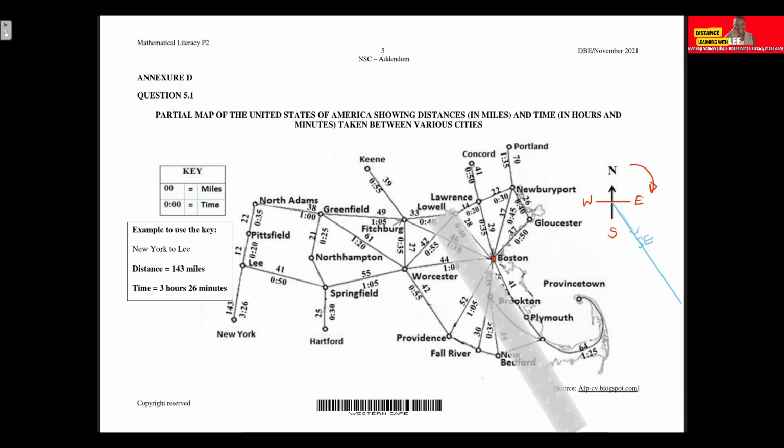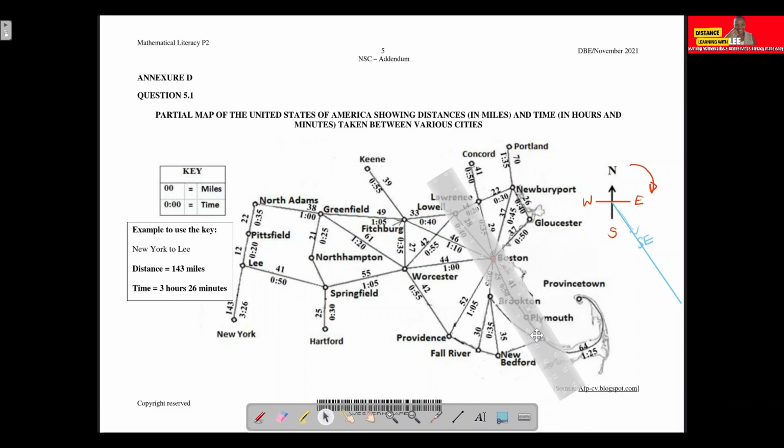So from Boston, we want to determine which city lies southeast. From here, guys, if we move our ruler parallel, we see that the city that lies southeast of Boston is Plymouth.